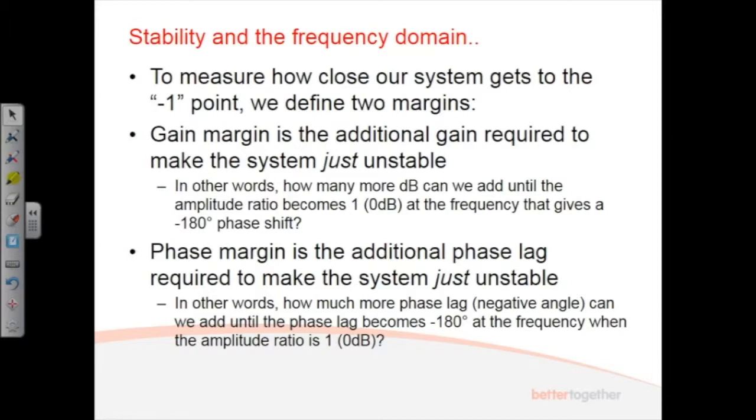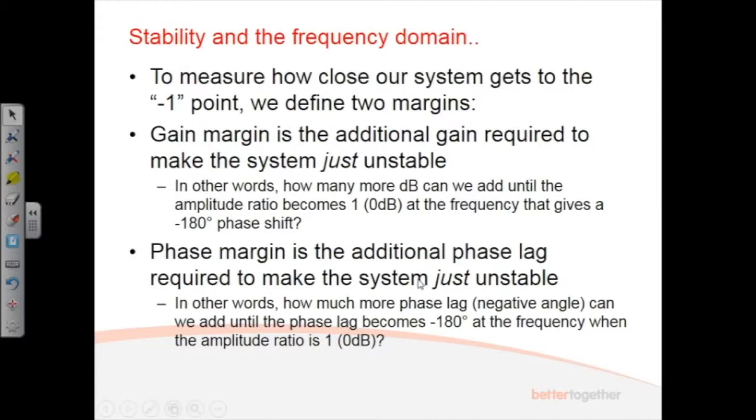The gain margin asks, when you've got 180 degrees of phase shift, how much extra gain can I put in before I get to 0 decibels? How many more dB can we add until the amplitude ratio becomes 0 decibels when the phase shift is -180? Positive numbers are good.